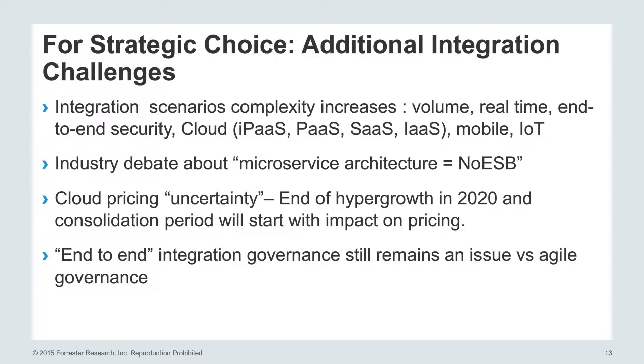Some mobility requirements, obviously a lot of heterogeneity for integrating Internet of Things. We see also some debate, and I think that debate does not help today, between microservice architecture and some purists of microservice architecture are pushing too much to say, if we are getting into microservice architecture, we do not need any more ESB.